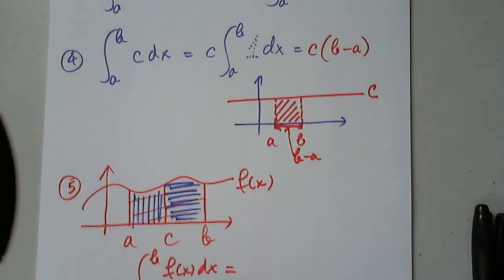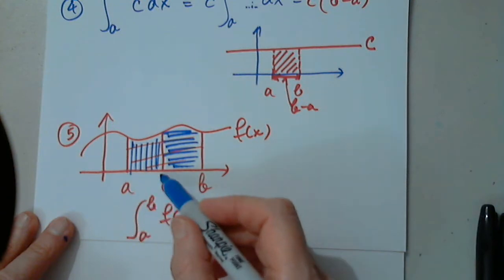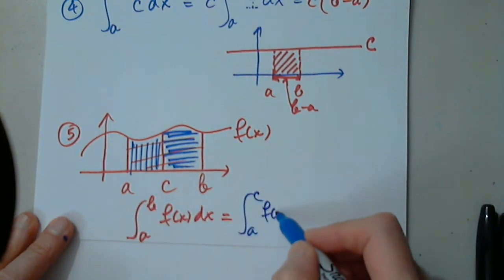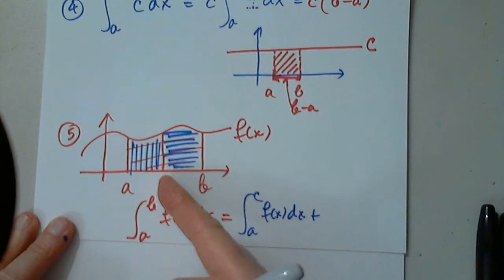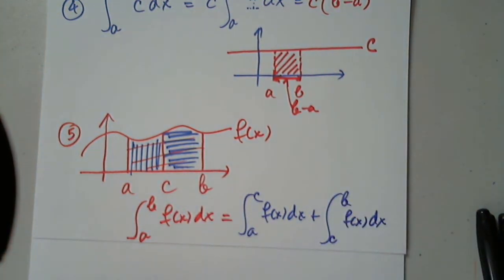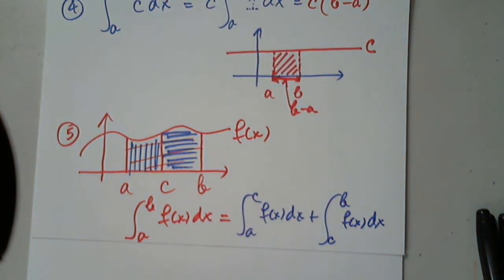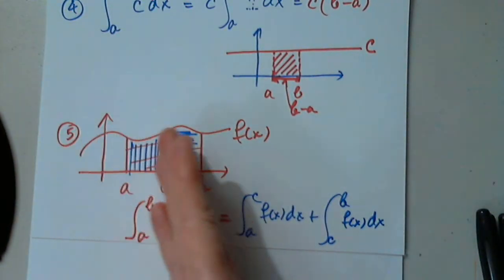How will I write it? The integral from a to c of f of x dx plus the integral from c to b of f of x dx. So I can determine the area, and it can have as many pieces as I need. It doesn't matter, as long as I fill it in completely.